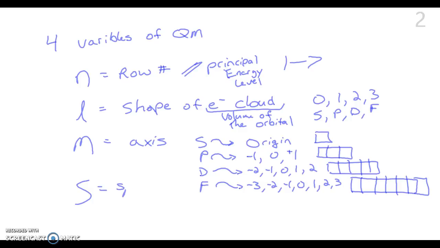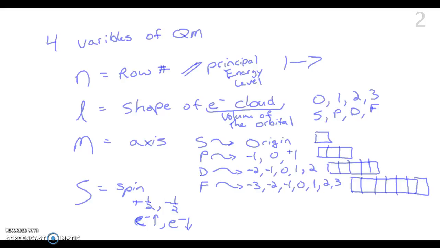S stands for spin, and we can have 2 values. We can have a +1/2 or a -1/2. Each electron shows that it's spinning in one direction. So electrons can spin up, or we can have electrons that spin down. Sorry for the penmanship. So what does that tell us?